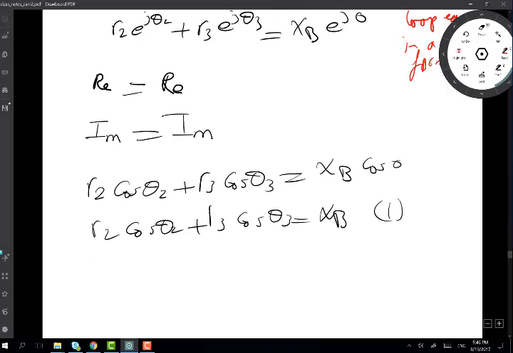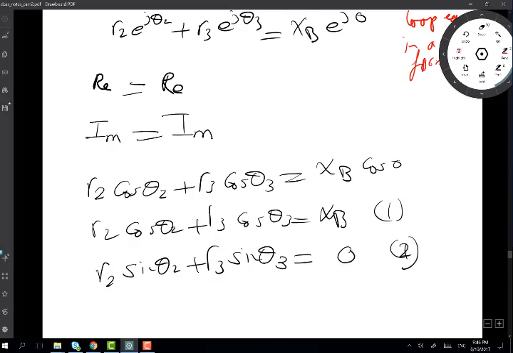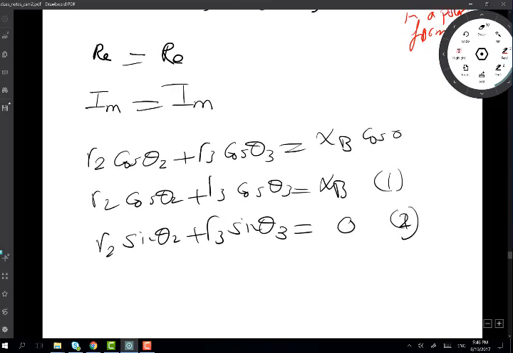Now let's do the imaginary. The imaginary is the sine part. So I go R2 sine theta 2 plus R3 sine theta 3 is equal to xb sine 0, and sine 0 is equal to 0. That's my second equation. Now I have my two equations.